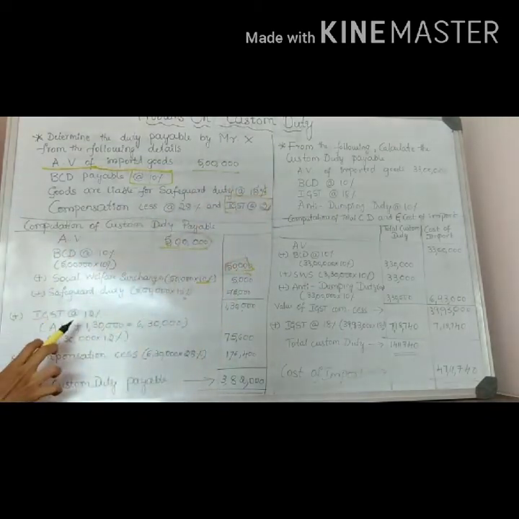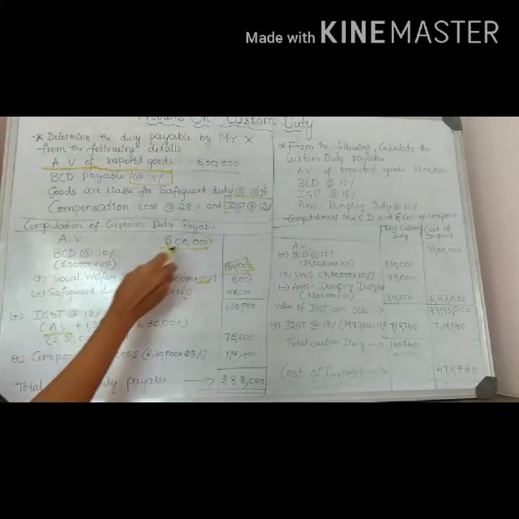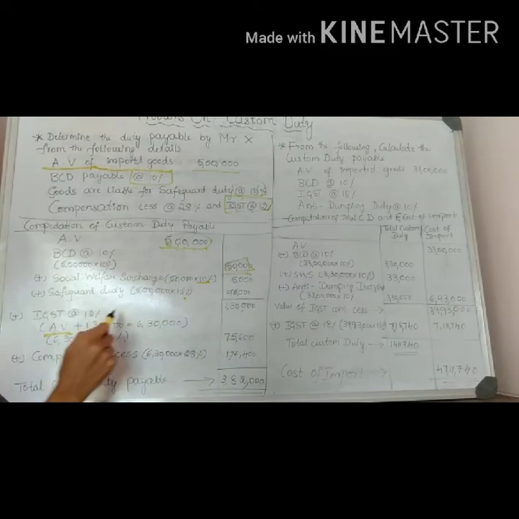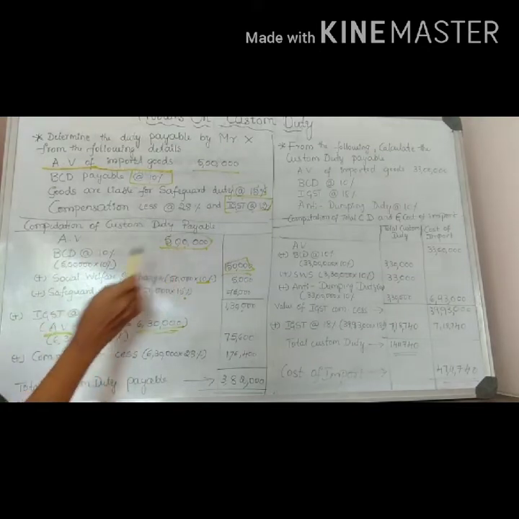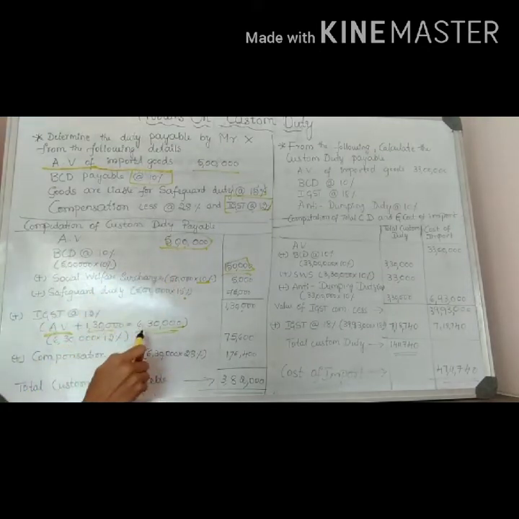IGST is on the assessable value 5 lakh plus 1,30,000, which is equal to 6,30,000. So 6,30,000 into 12% gives 75,600.